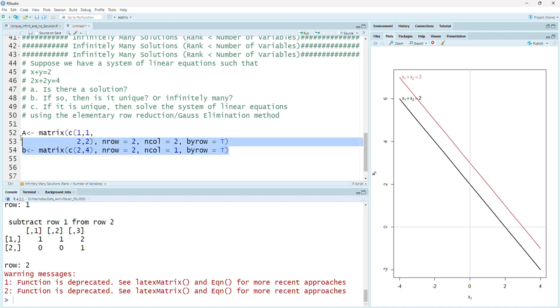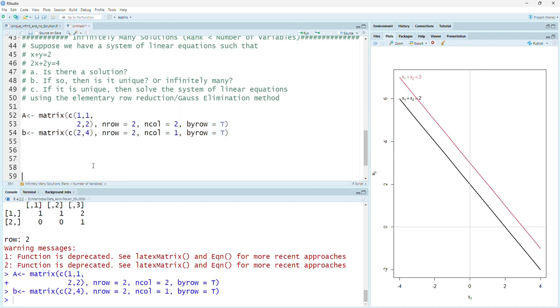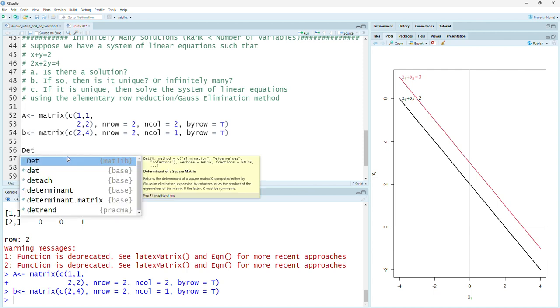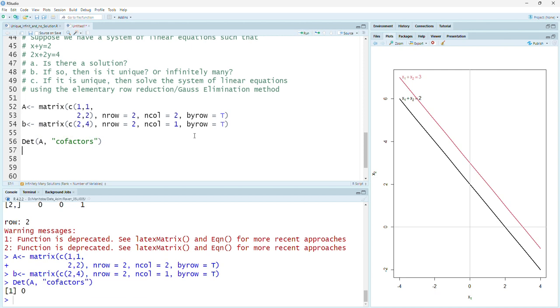I run it. I will find the determinant of A using cofactors, and I got the determinant of A is equal to 0.